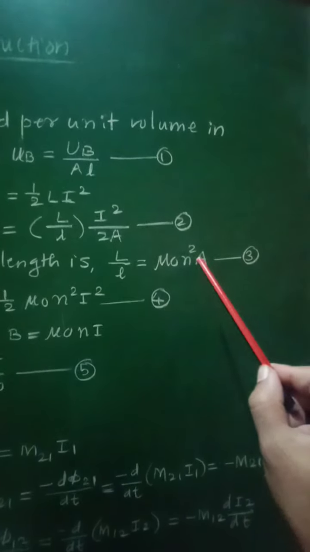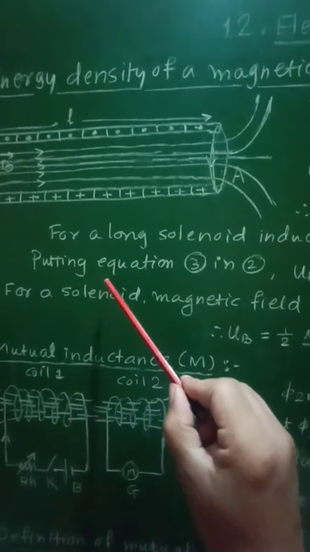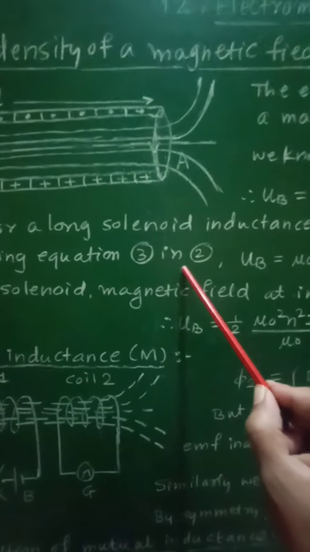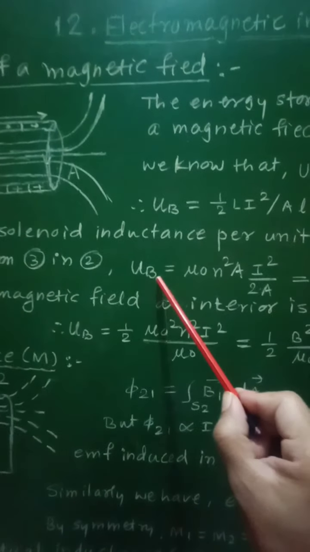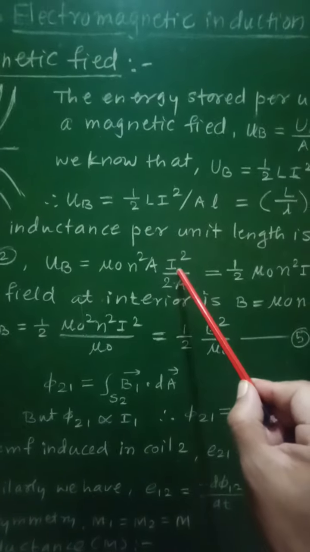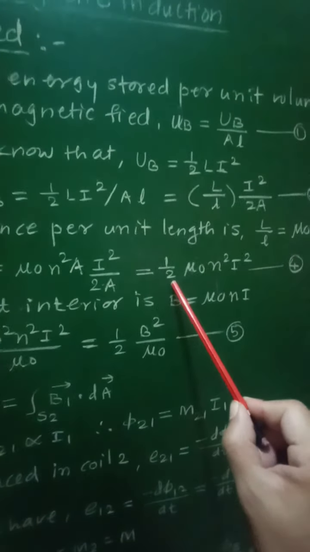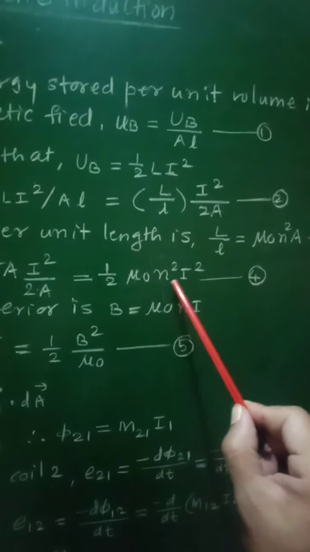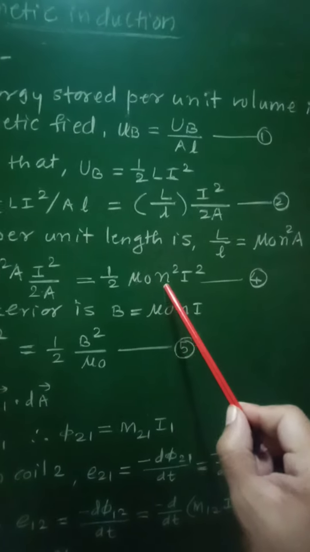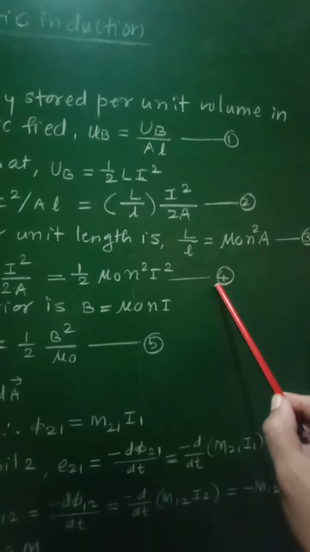Now putting equation 3 in equation 2, we will get ub equal to mu 0 n square A into I square upon 2A. That will be written as half mu 0 n square I square, as equation number 4.